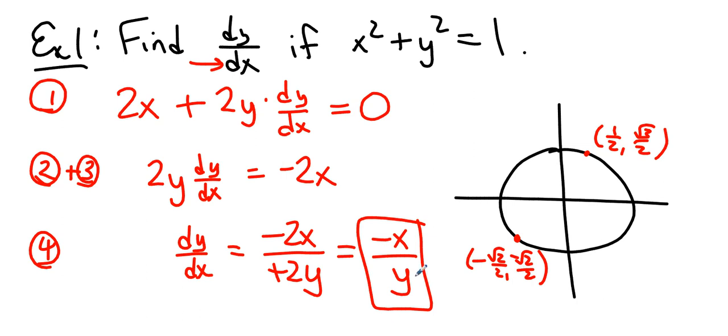We can find the slopes of tangent lines all the way around the circle in this way. It is impossible for us to get y by itself here, so it is not ridiculous to imagine that the derivative will involve y. I will illustrate with one other example in this video.